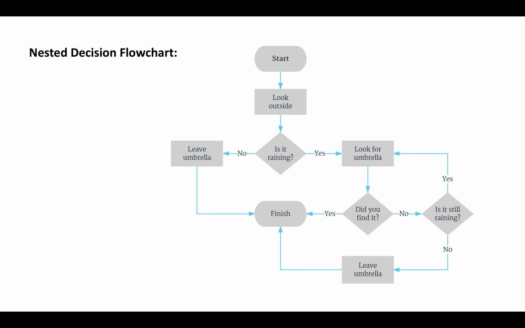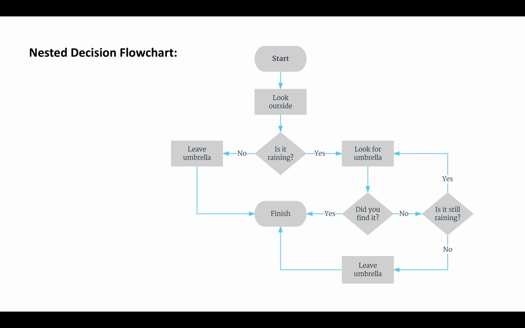We can also use nested decisions inside a flowchart. This is a simple flowchart: you have to look outside whether it is raining or not, and if it is not raining, you don't need an umbrella, finish. If it is raining, look for the umbrella, and then you further check whether you have found the umbrella or not.